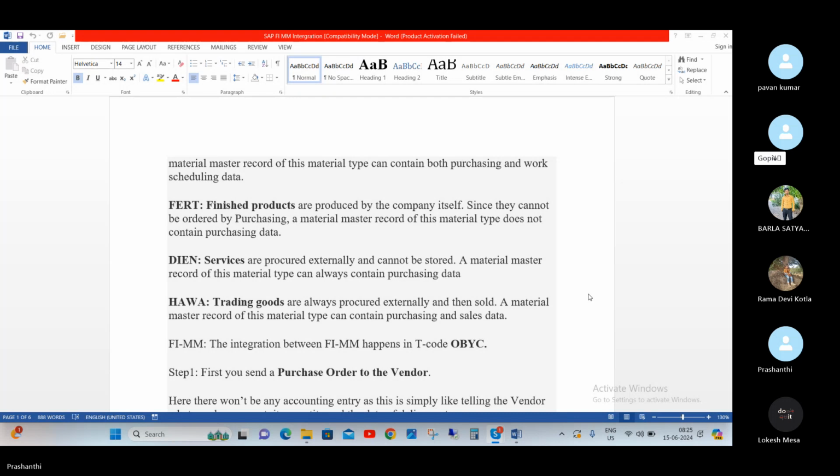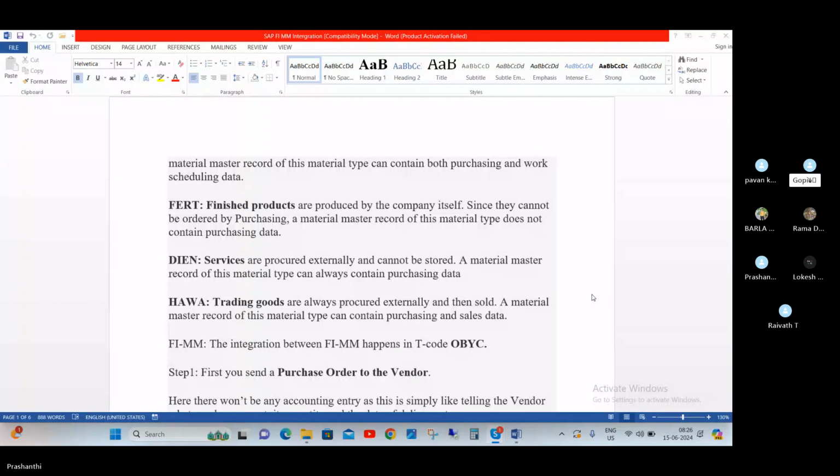Finished goods are the products made by the company itself, since they cannot be ordered by purchasing, the material master record of this material does not contain purchasing data. Next, services. Services are procured externally and cannot be stored.